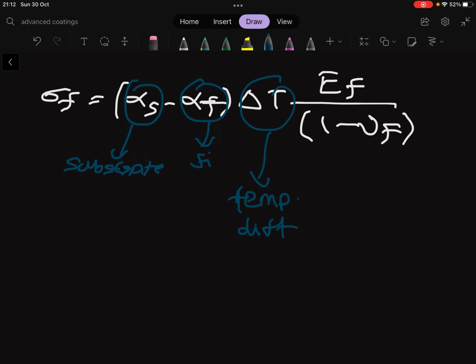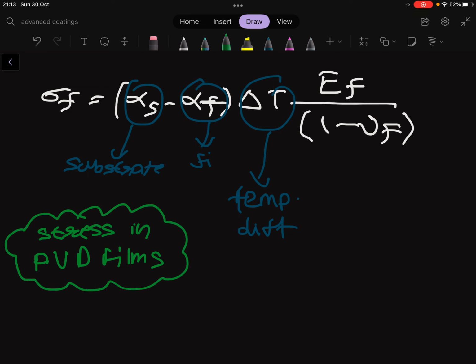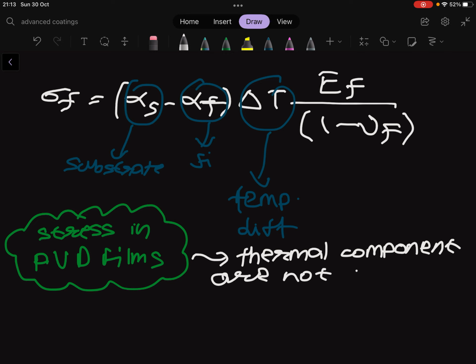In most cases, for stress in PVD films, the thermal component is not so important, because the deposition process is carried out at low temperature.